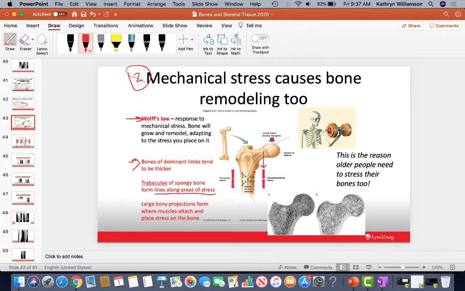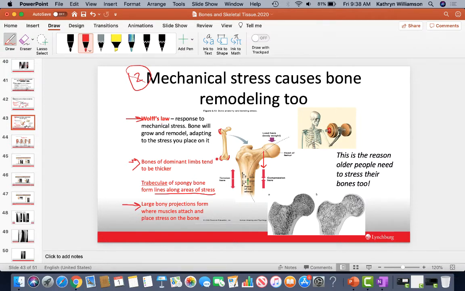And this is the whole reason why we see bony projections where muscles attach, because those muscles pull on bone and cause the bone to lay down extra bone in that area as a result of that stress. So when you see bony projections on bone, those bony landmarks that you can feel and learn the names of, that's because of Wolff's Law.